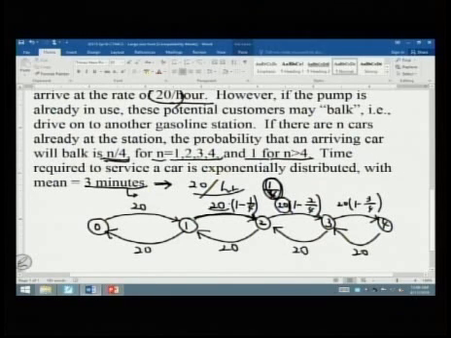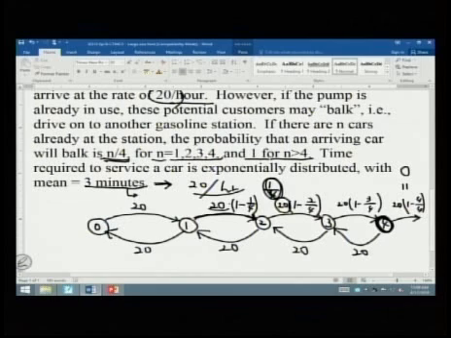Okay. How about this arrival rate? If there are already 4 cars at the gasoline station, then the balk rate is 100%, right? This is going to be 0, because the balk rate is 100%.